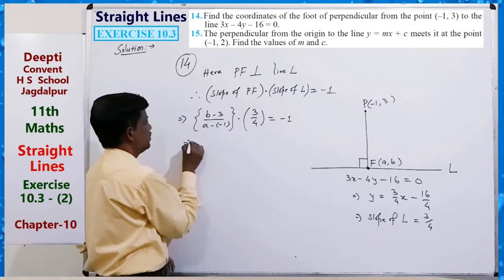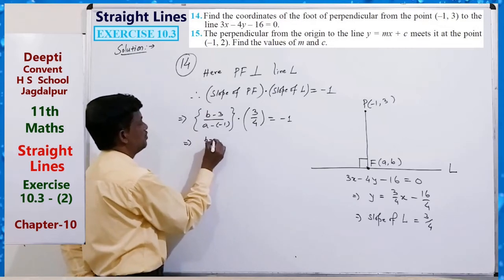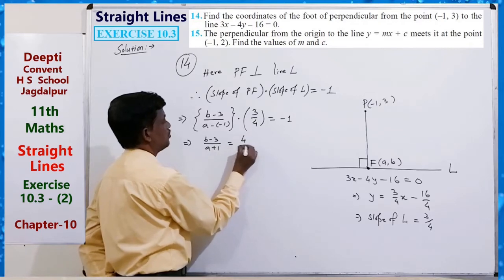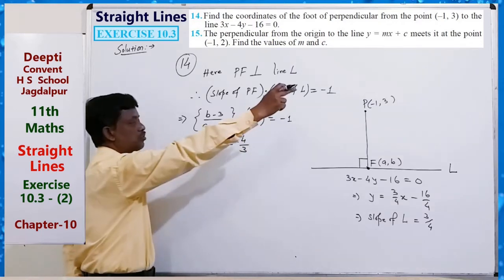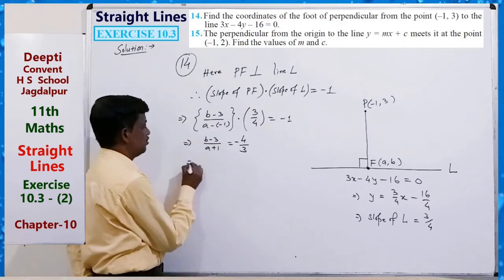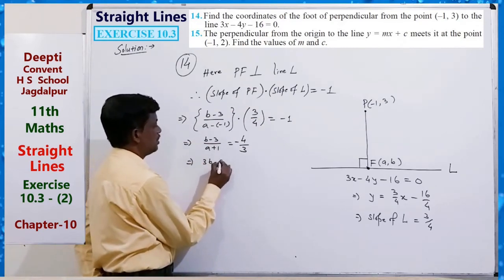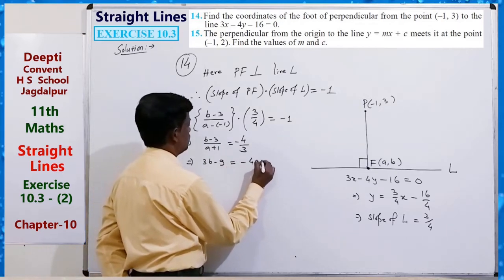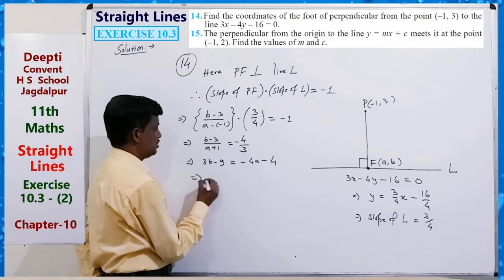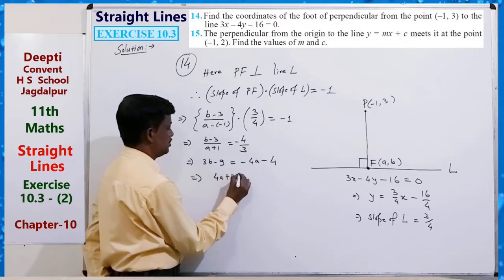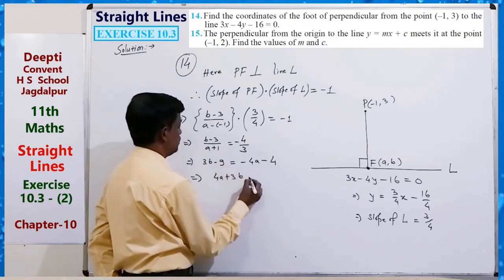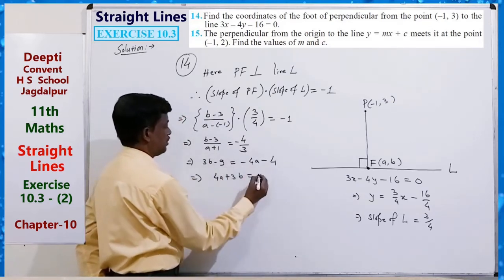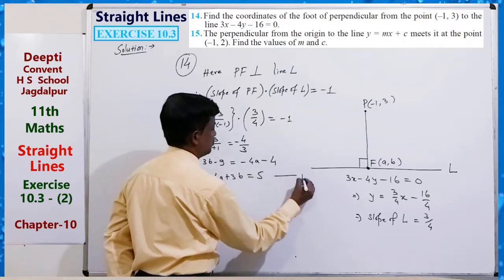So from here we get b minus 3 upon a plus 1 equals to minus 4 by 3. Cross multiplying, 3b minus 9 equals to minus 4a minus 4, implies 4a plus 3b equals to 9 minus 4, that is 5. This is equation 1.